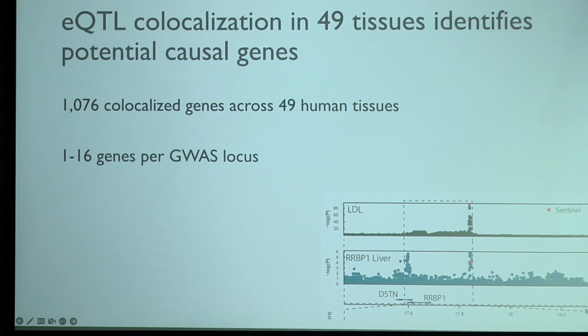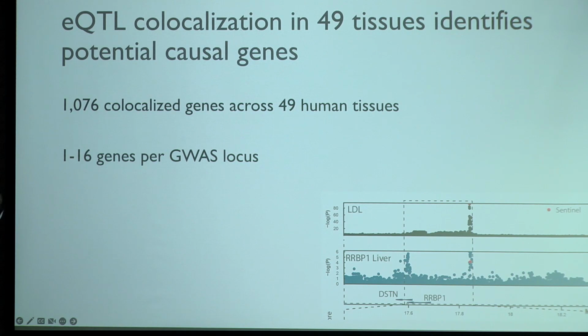What we see is that out of 1,750 genes, more than 1,000 actually co-localized. So these are the potential causal genes at those 1,750 GWAS associations. And what we see is using eQTLs alone still doesn't always help you get at the causal gene per locus. Per GWAS locus, we still can narrow in on anywhere between 1 and 16 genes.